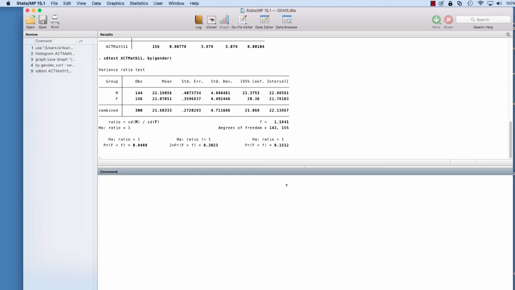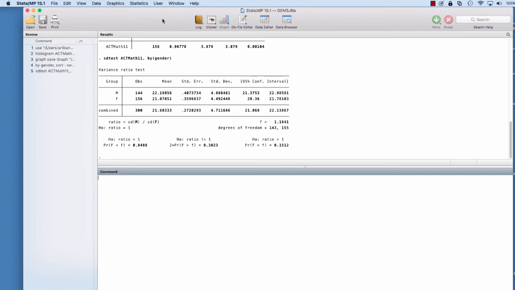However, according to Hopkins and Glass, and if we read Acock's book on using Stata, we can see that if we violate one of these assumptions, that's not going to be a problem when we conduct our t-test. However, if we were to violate both assumptions, then we would want to use a non-parametric procedure like the Mann-Whitney U, perhaps, to compare male and females on mean ACT 11th grade math scores.